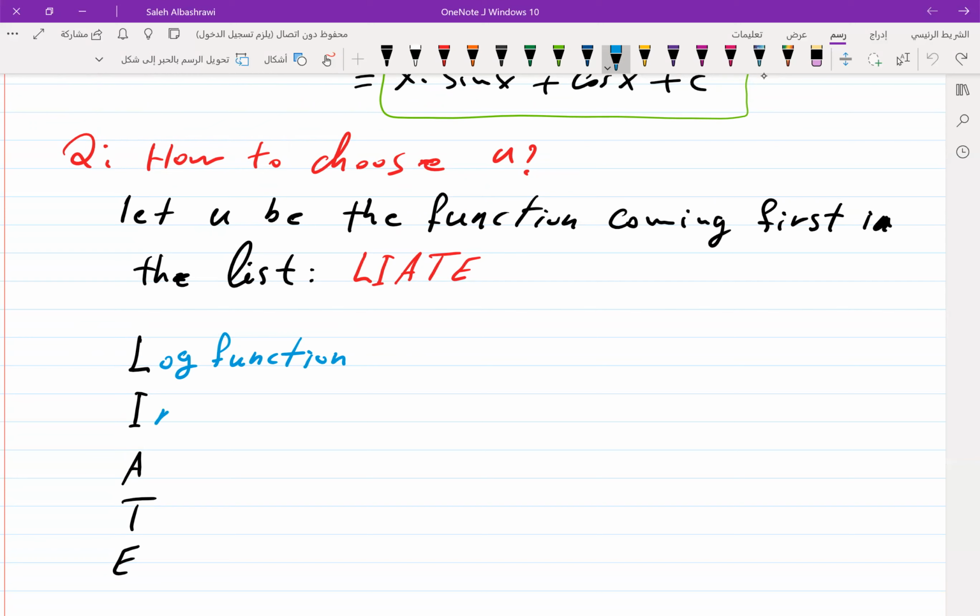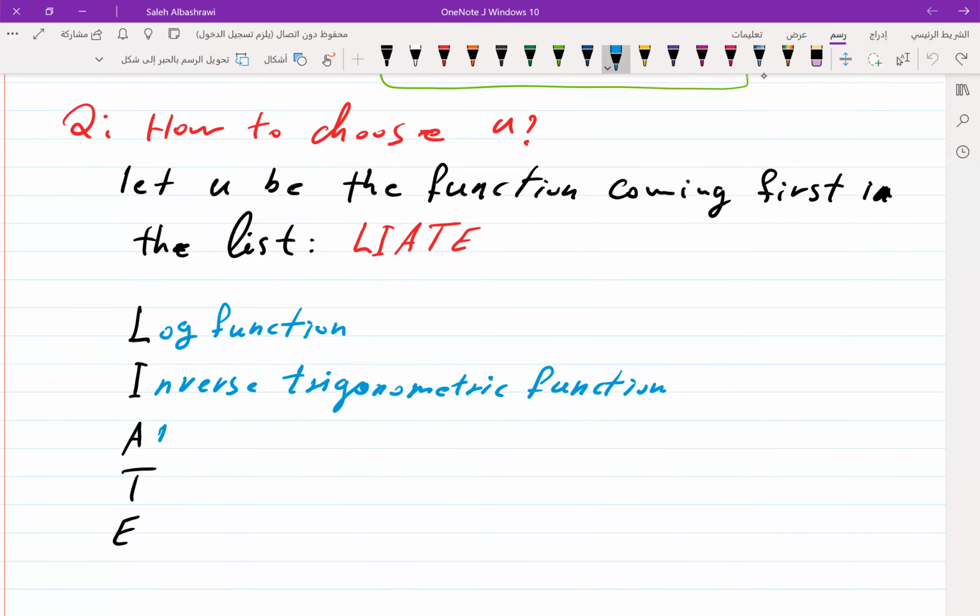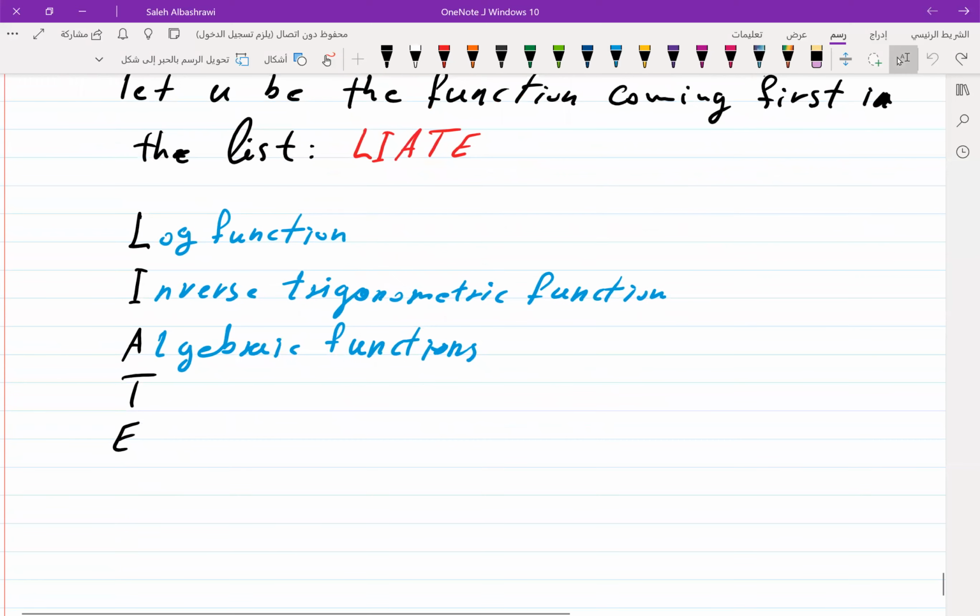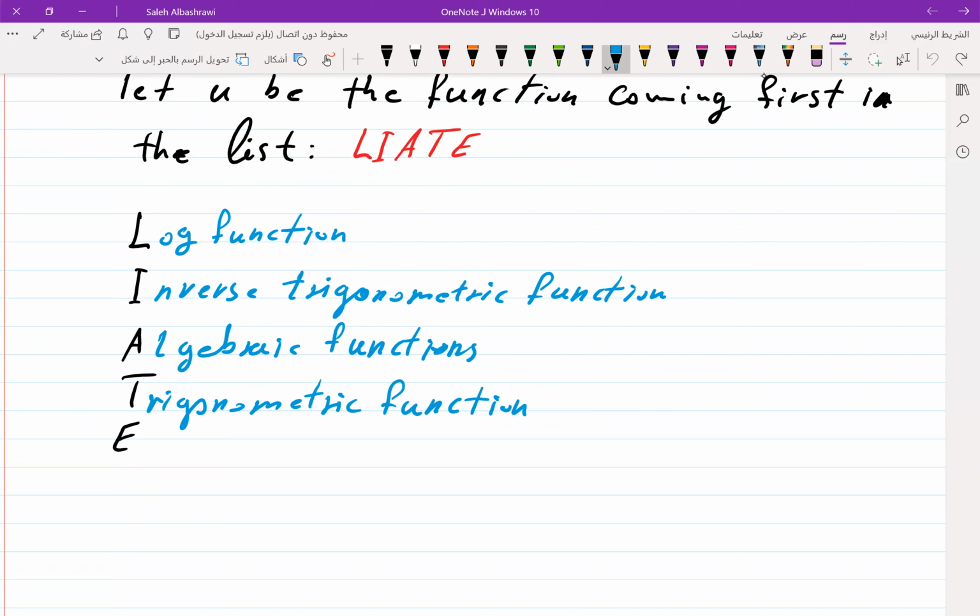I for inverse trigonometric function, A for algebraic functions, T for trigonometric, and E for exponential.